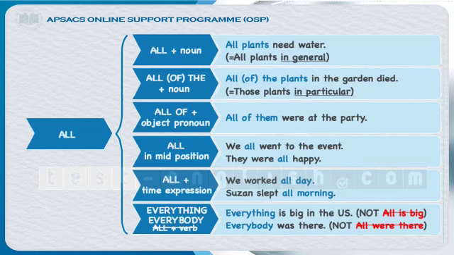So here we are talking about a time. And when all is not used, we use everything or everybody. For example, everything is big in the US. We will not say that all is big. Similarly, everybody was there. We will not use all, as all were there will be incorrect.